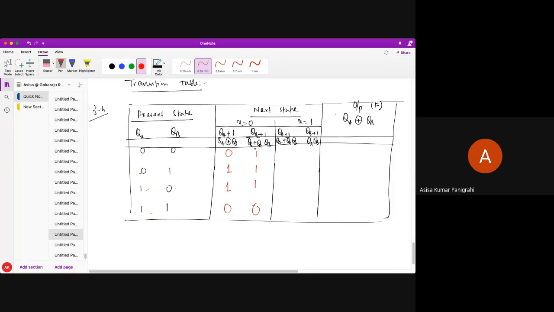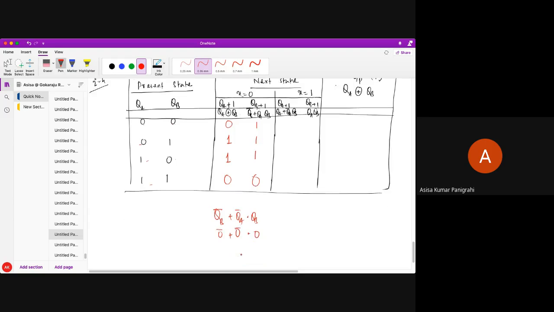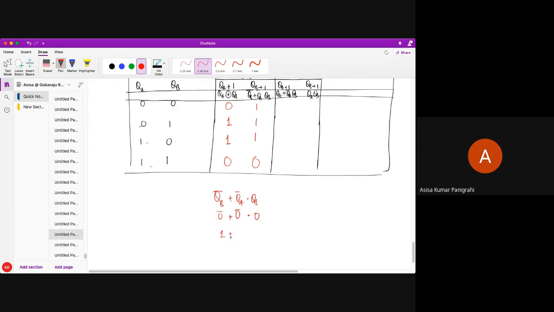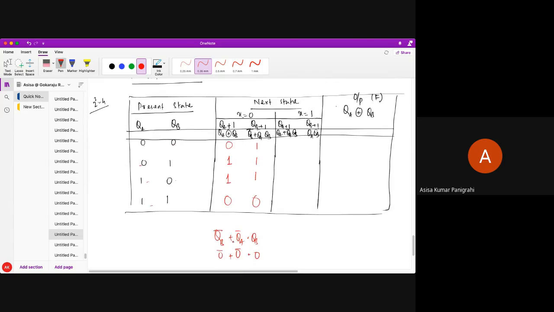Take this and solve it: QB bar or QA bar and QB. For 0 0, QB bar is 1, or QA bar is 1 and QB is 0, so 1 or 0 is 1. So I got 1 here.